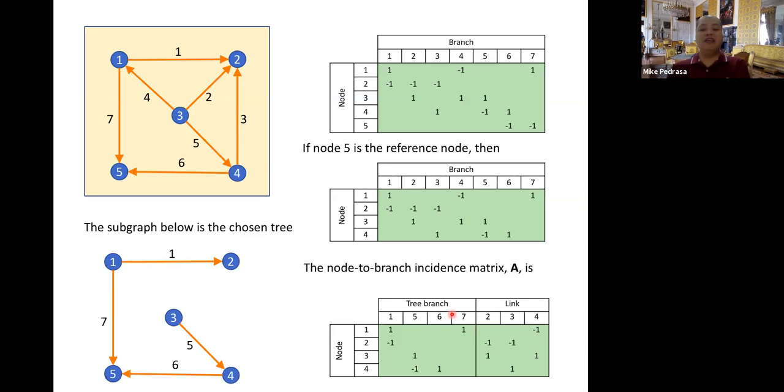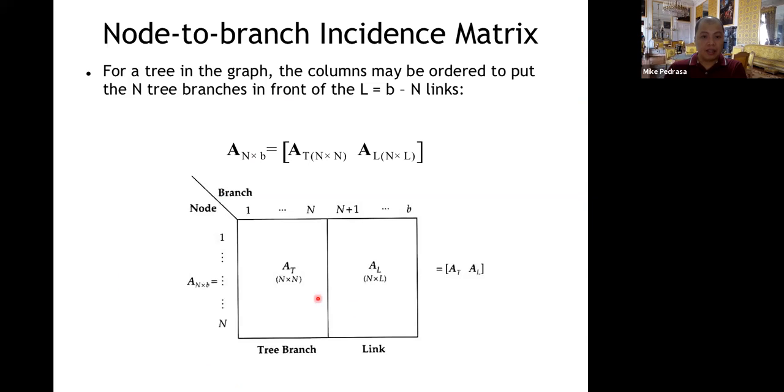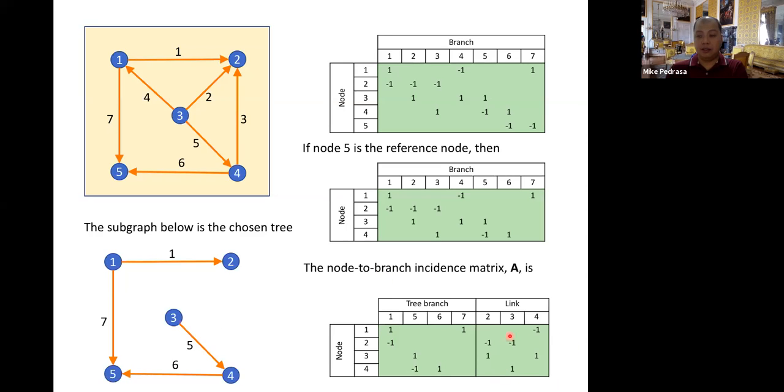We put them at the left, and then these are the links, branches 2, 3, and 4. So this 4 by 4 matrix, that's the A sub T. It's a square matrix, n by n, 4 by 4. And A sub L is the matrix for the links.